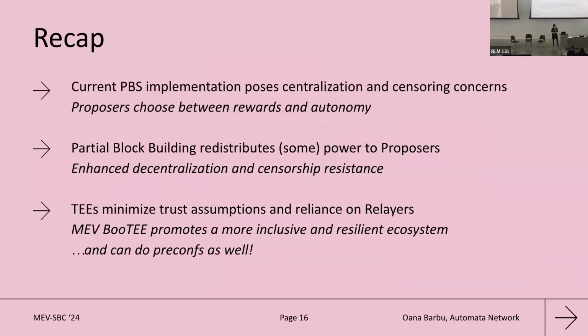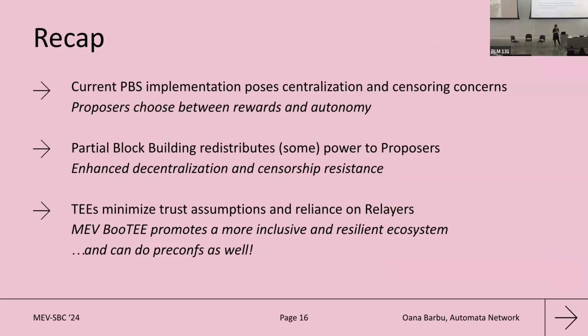Okay, so to recap, current PBS is not ideal due to the centralization and censoring concerns, and basically proposers have to choose between the rewards or the ability to actually have a say in what gets included in the block. With partial block building, we aim to give some of this power back to the proposers, and thus enhance the centralization and censorship resistance.